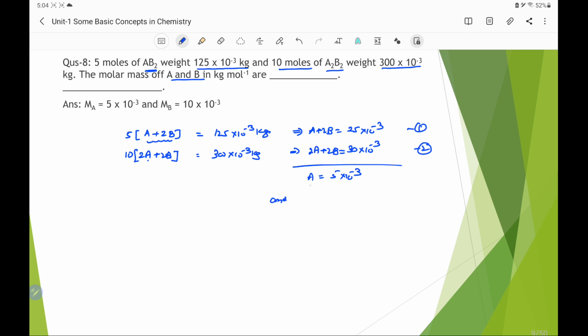Substituting the value of A in the first equation, 2B will be equal to 25 minus 5 into 10 to the power minus 3. So B will be 20 divided by 2, that is 10 into 10 to the power minus 3. So we can say the mass of atom A is 5 into 10 to the power minus 3 kilogram per mole. This is the molar mass. And the mass of B is 10 into 10 to the power minus 3 kilogram per mole. This is the answer.